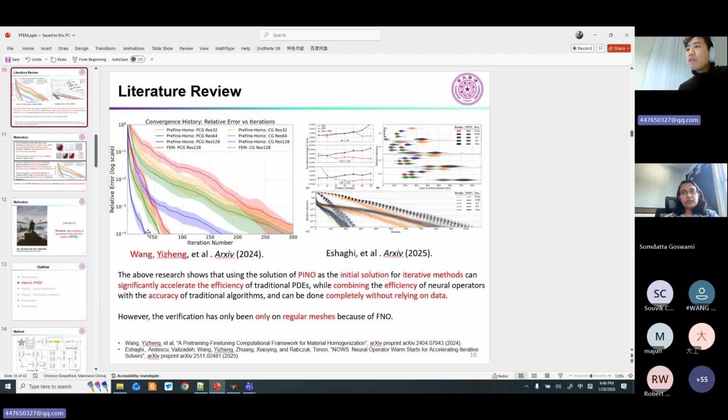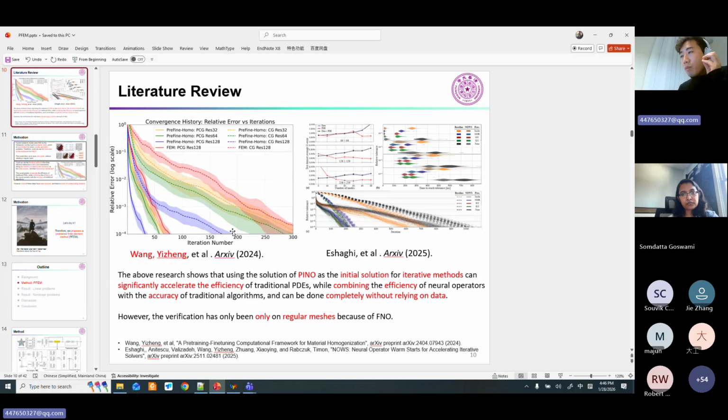If you want to get a relative error of, for example, 10 to the minus 4, the iteration number will be maybe 30. If you use a zero initial solution, you get maybe 80 iterations.